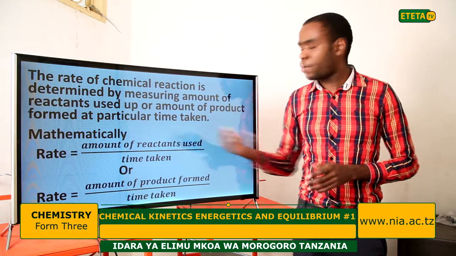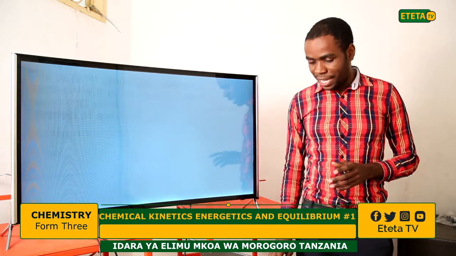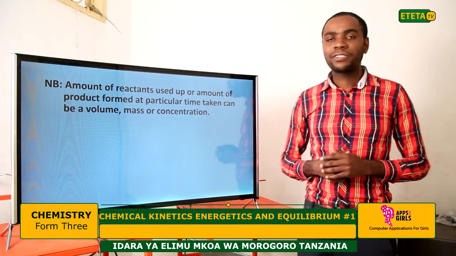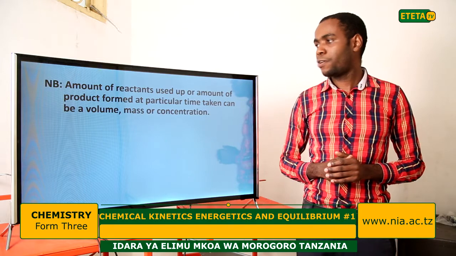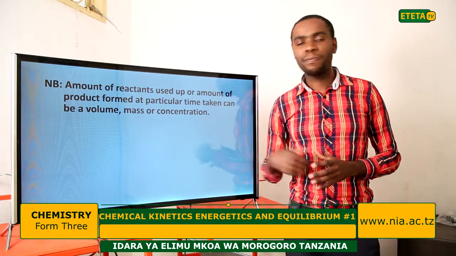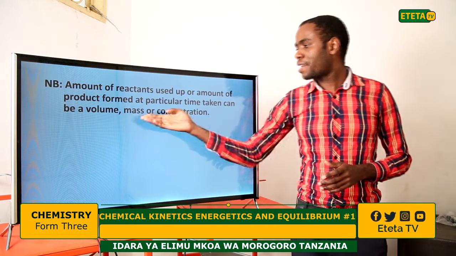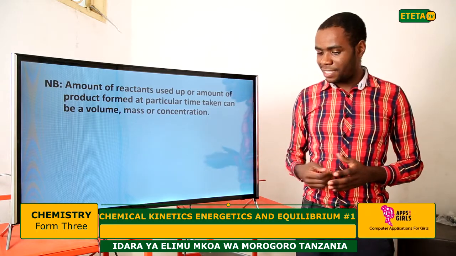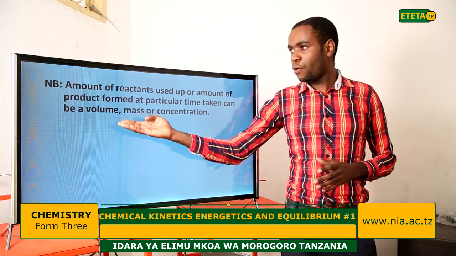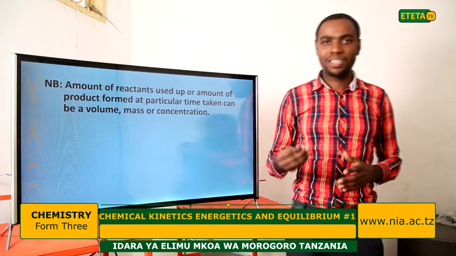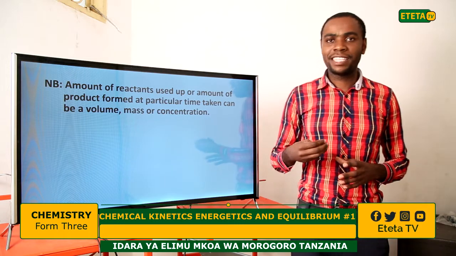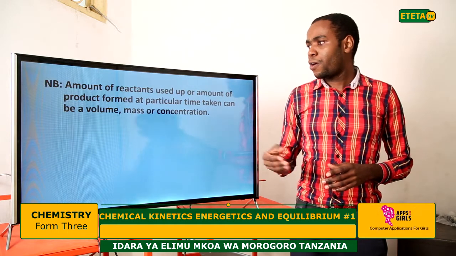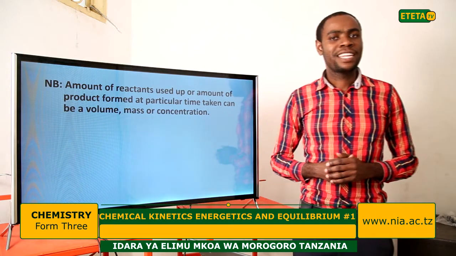This amount of reactant or product can be in volume, mass or concentration. I hope you know the unit of volume, the unit of mass, and the unit of concentration. So in case you have been given the volume of reactant or product and asked to calculate the rate of reaction, you use the unit of volume you have been given.